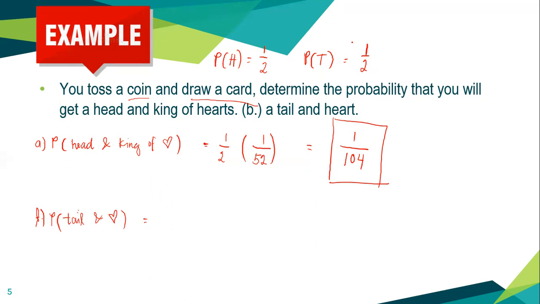So syempre 1/2 pa rin kasi you only have 2 outcomes, that is head or tail. So tig 1/2 sila. We have 1/2 times probability of hearts. How many hearts are there in a deck of card? Ilang hearts meron tayo? We have 13.